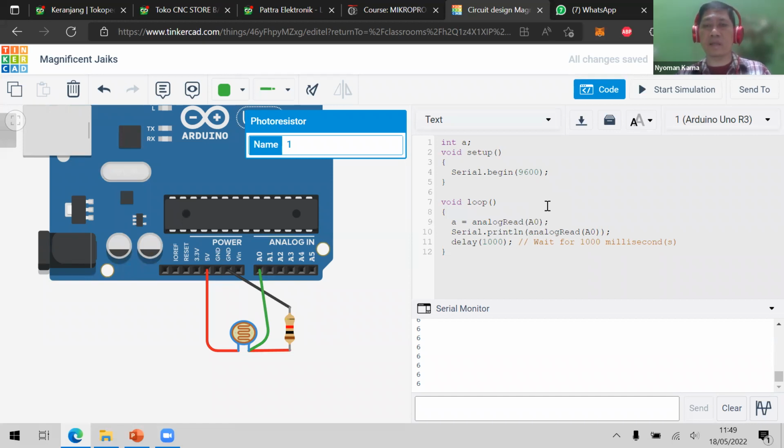Okay, then let's say if A is less than 100, then we can print out to the serial monitor it's still dark.